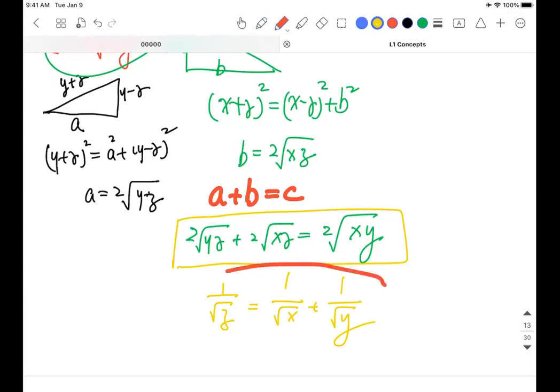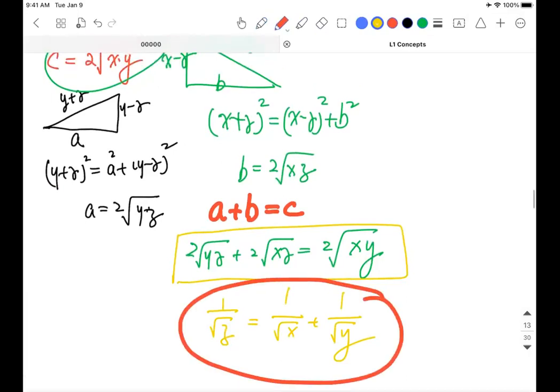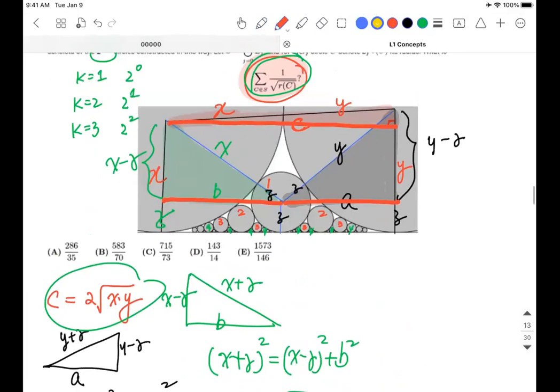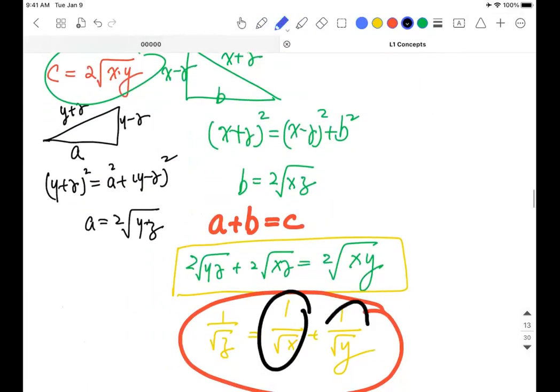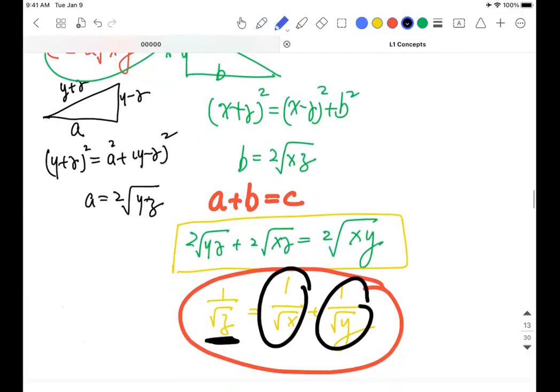Oh, now you understand. As long as you want me to determine this layer's radius z, I just have to use the two circles it is tangent to, right? You just use these 2 circles' under root reciprocal. It's going to equal my radius.